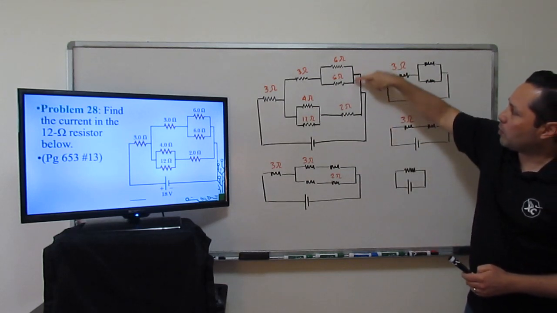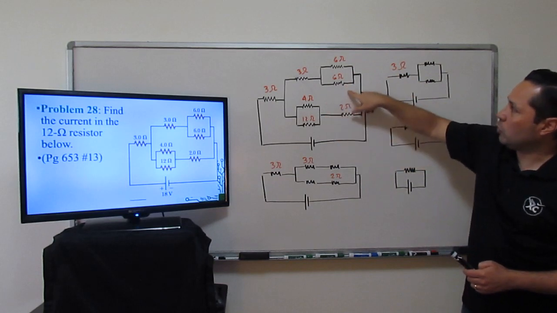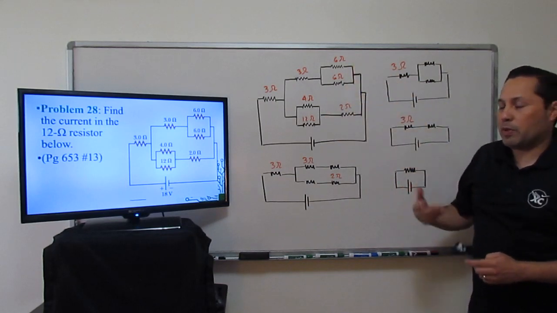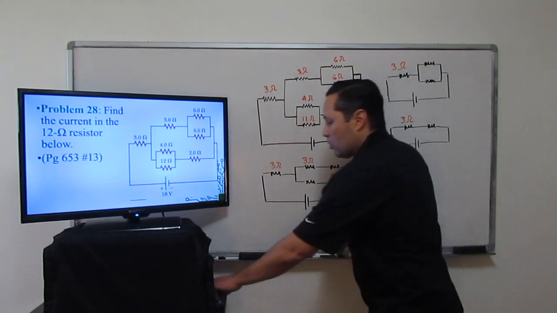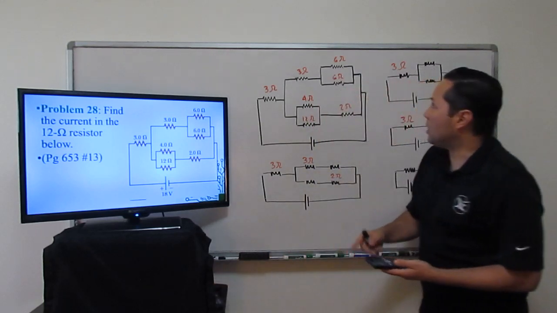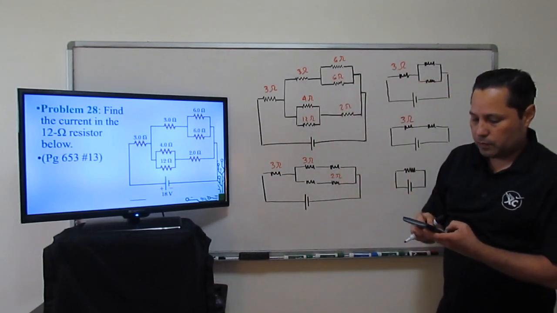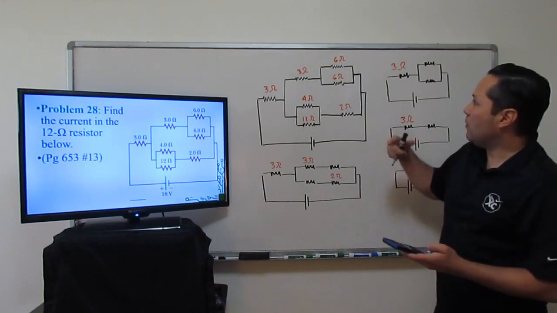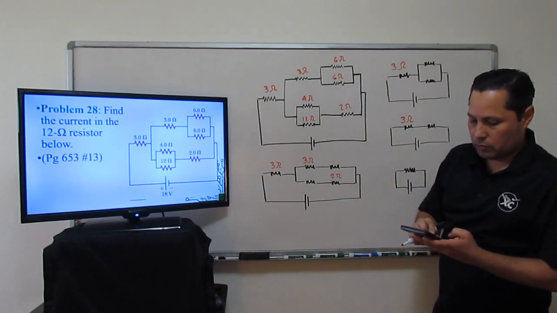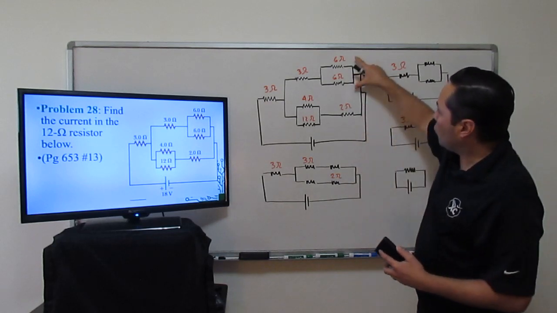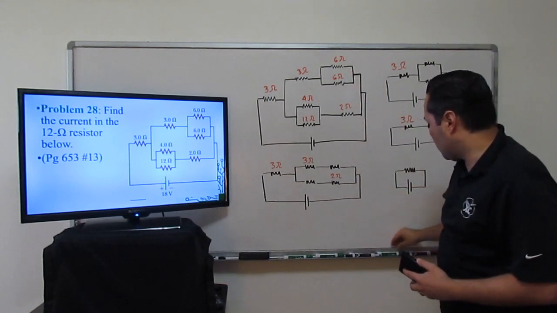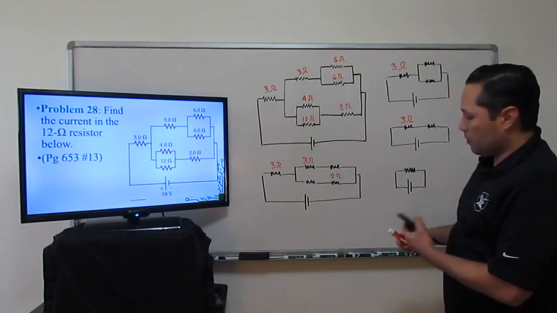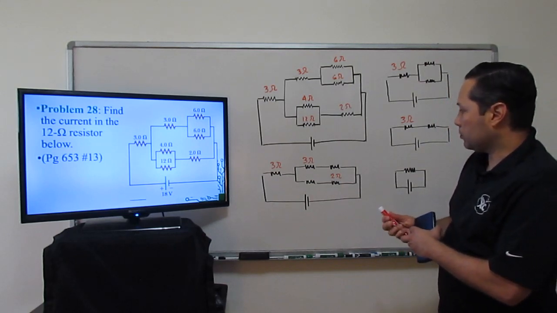So let's start here by reducing these two parts of the circuit that are in parallel. Since they are in parallel, we're going to use the inverse. So it's going to be 1 over 6 plus 1 over 6. And then the inverse of that is going to give us 3. So this section right here, which I'm going to put in red, now becomes 3 ohms.